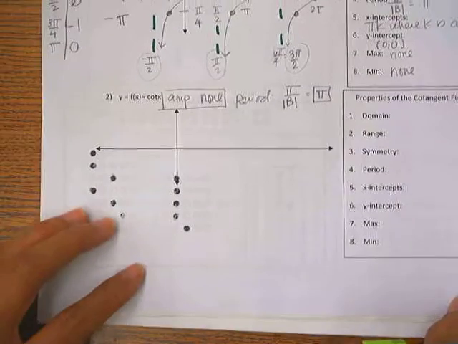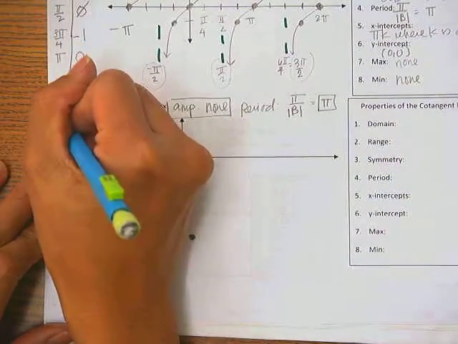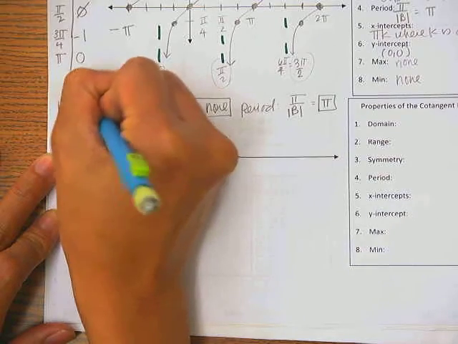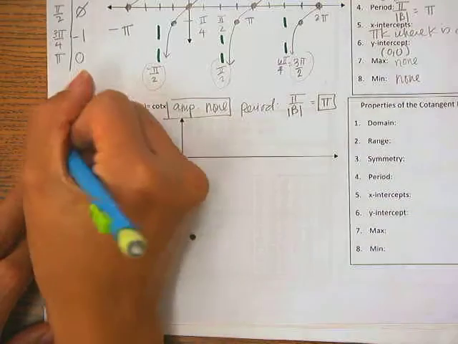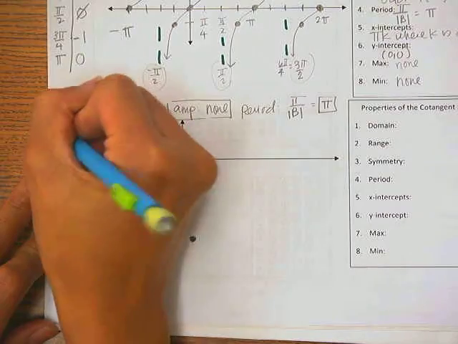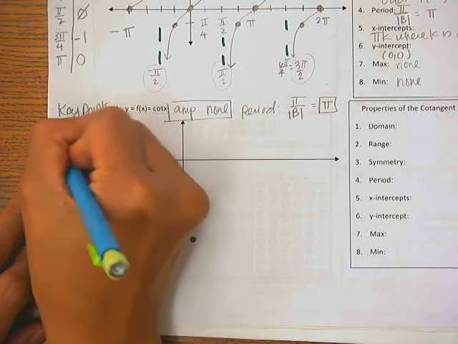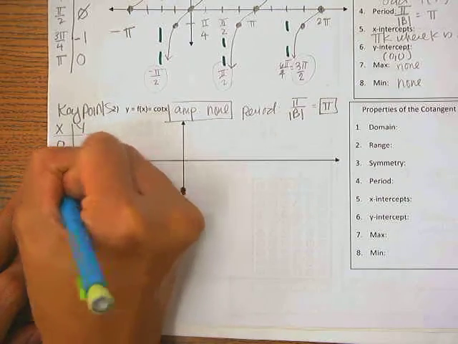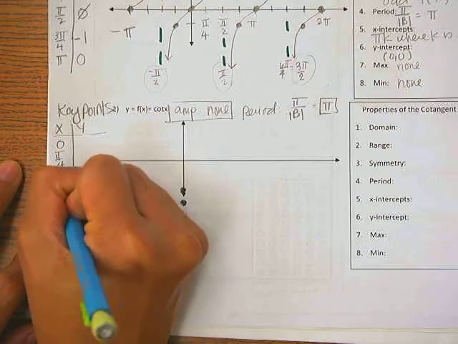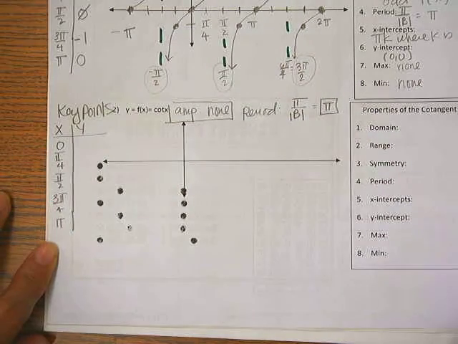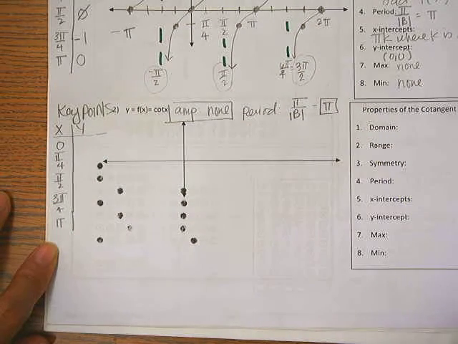Let me do our input and output table over here. Key points: table, x and y. We are going to use 0, pi over 4, pi over 2, 3 pi over 4, and pi. We just have to go all the way to a full cycle.